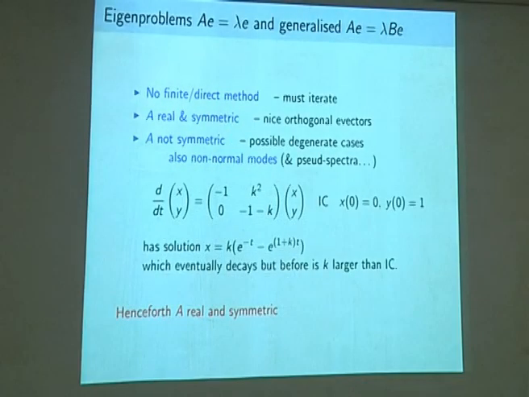Eigenvalue problems. Finding the eigenvalue lambda for, in the first case, this generalized eigenvalue problem where there's a second matrix B on the right-hand side. There is no finite method. Well, that's not quite true. You can solve quartics. You can solve quadratics easily. School kids can do that.